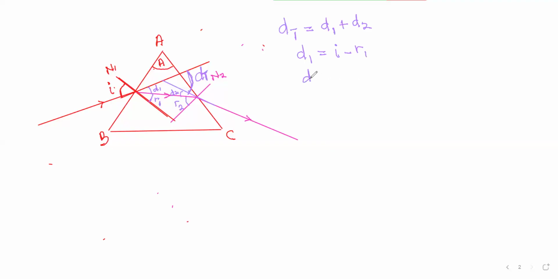We determine D2 to also be E minus R2. Then we substituted them. D total is therefore I plus E minus, in bracket, R1 plus R2. So let's pick our equation this way.